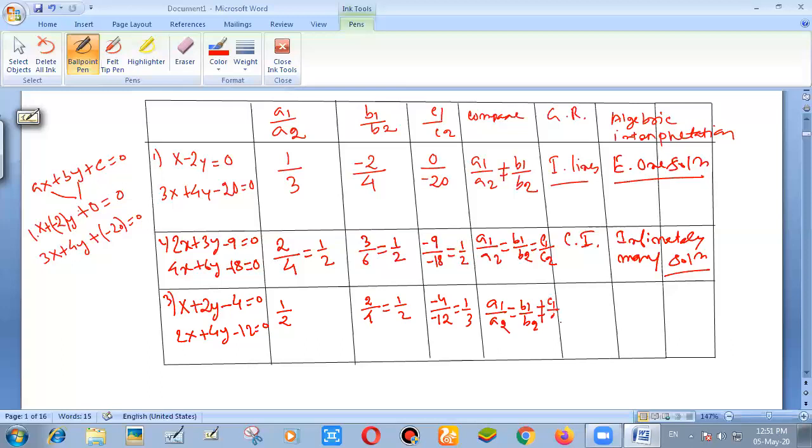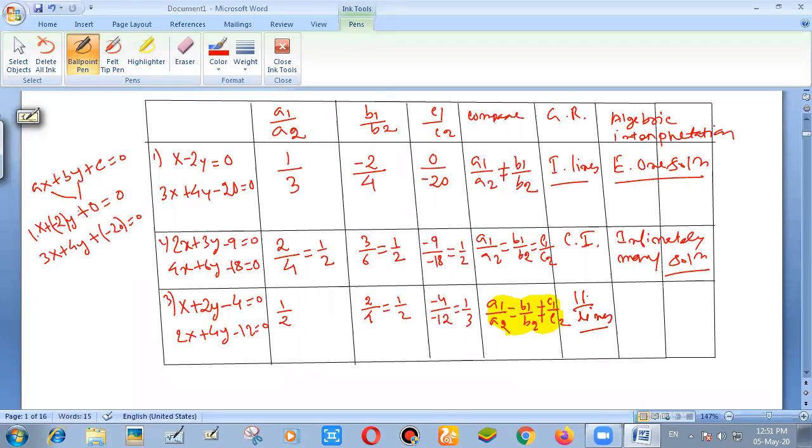If this type of condition occurs, when the ratio of the coefficient of x equals the ratio of the coefficient of y, but the ratio does not equal the ratio of the constant terms, then the two lines are called parallel lines. I am writing the short form. Write down the complete sentence: parallel lines.